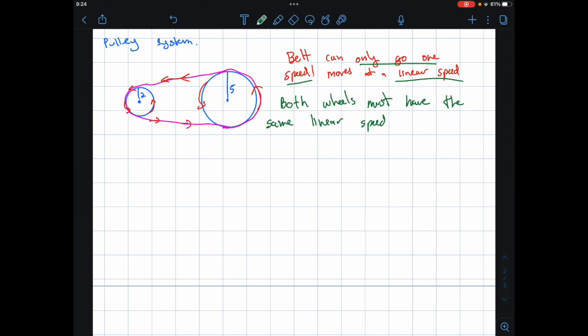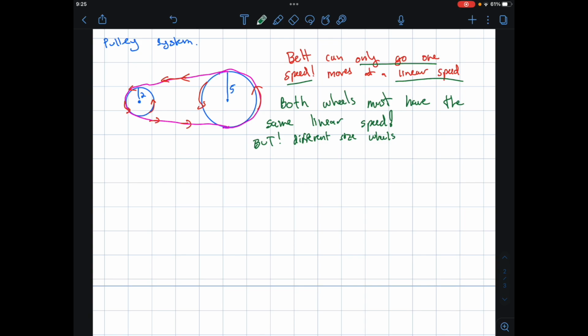Very important idea. If these wheels are attached in some way, like by this belt or some pulley system, they must have the same linear speed because that belt's moving at a speed, and so it's turning the wheels, and the wheels are turning at that speed, one linear speed. But we have something to note: they are different sizes, the different size wheels.